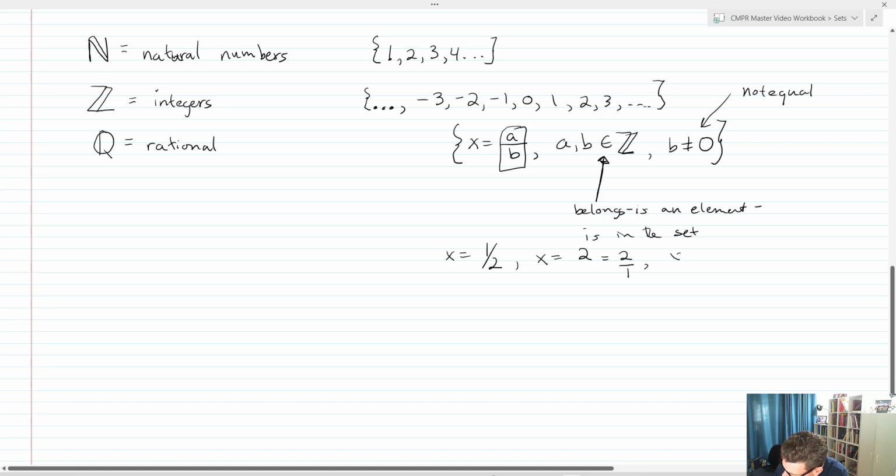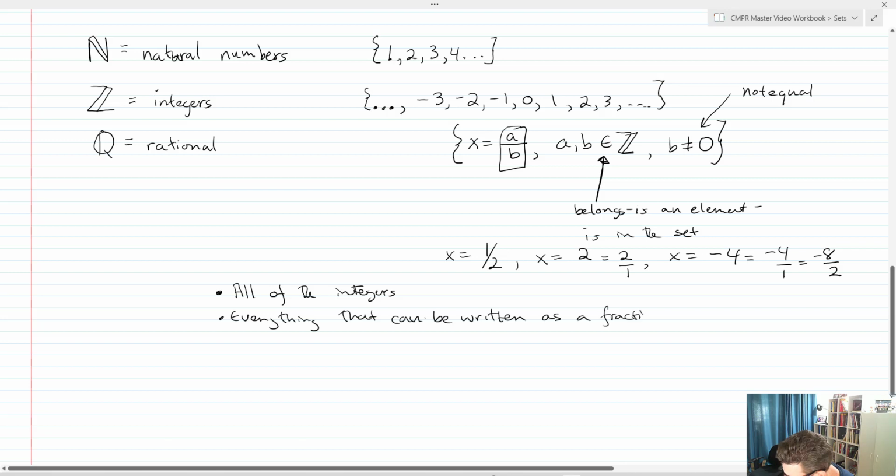For example, x equals -4 is equal to -4 over 1, or also -8 over 2, so it's a rational. 0 is a rational number because we could set a equal to 0 as well. The rationals are all of the integers and everything that can be written as a fraction. So those are our rational numbers.